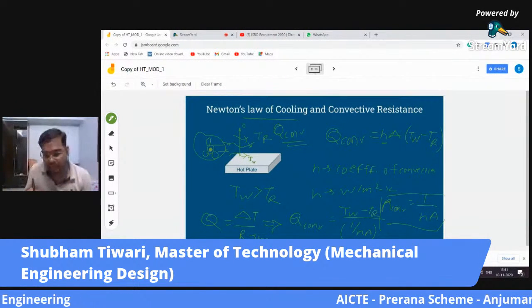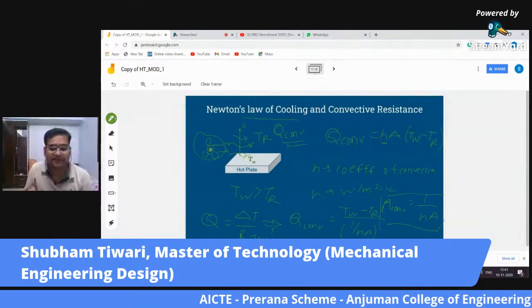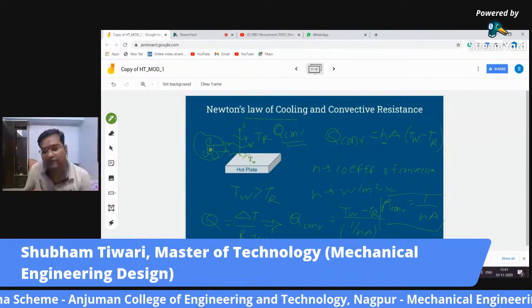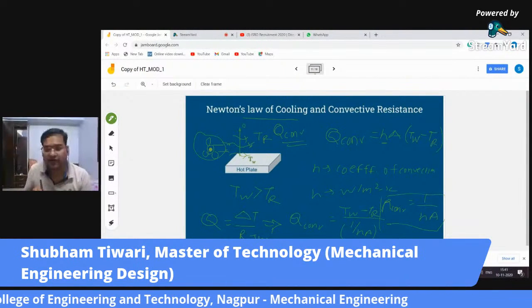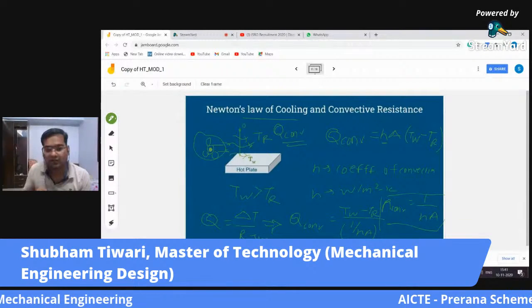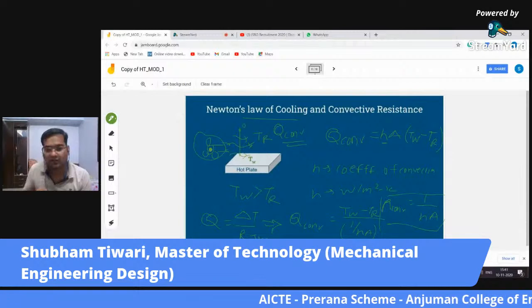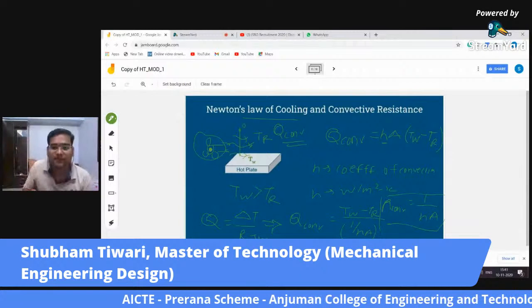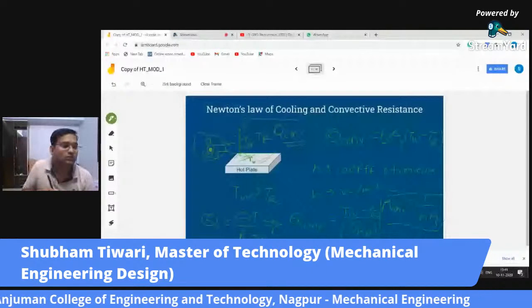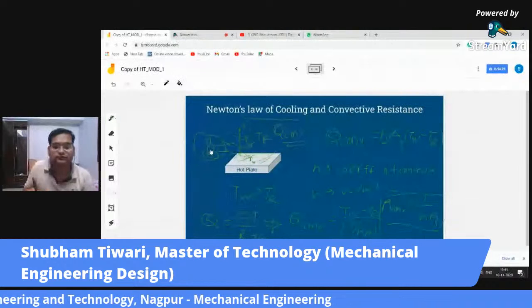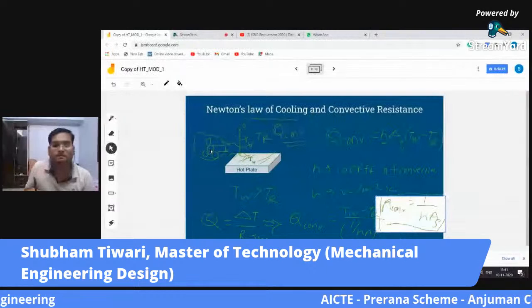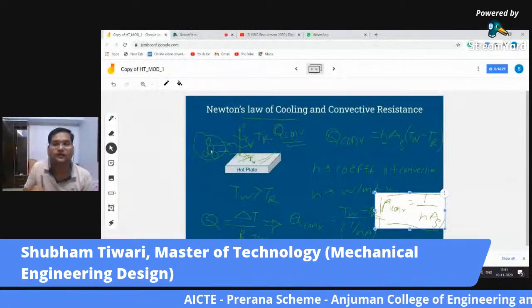Now just remember that the area in conduction and the area in convection are different. In convection, the area is perpendicular to the direction of heat flow. It is the surface area with which the air will get into contact, to avoid any kind of confusion. So let me just highlight it as well. Here it is.